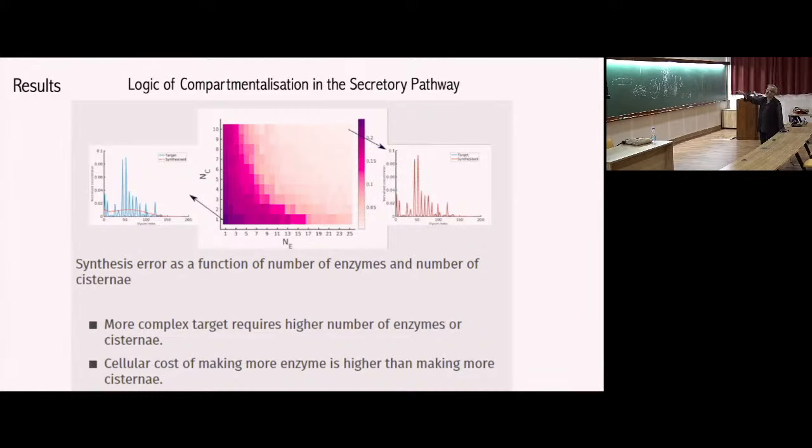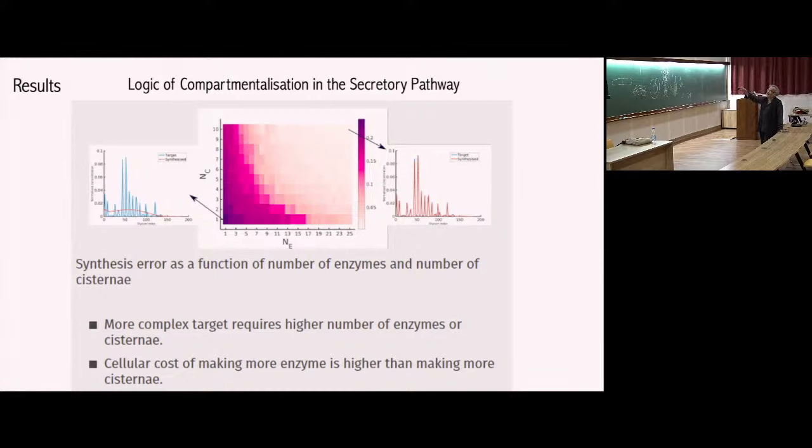Whereas for a simpler distribution, suppose I've just given it a single Gaussian, that can be achieved by having a very small number of compartments, one, and very few enzymes. So it really depends on the complexity of the data that I want to achieve here.